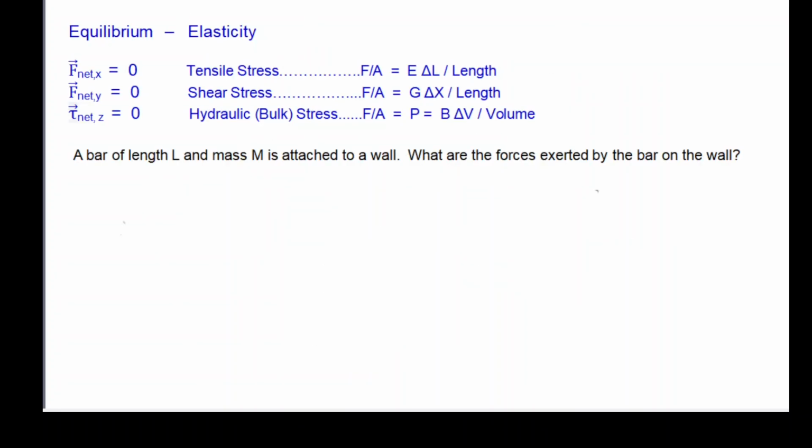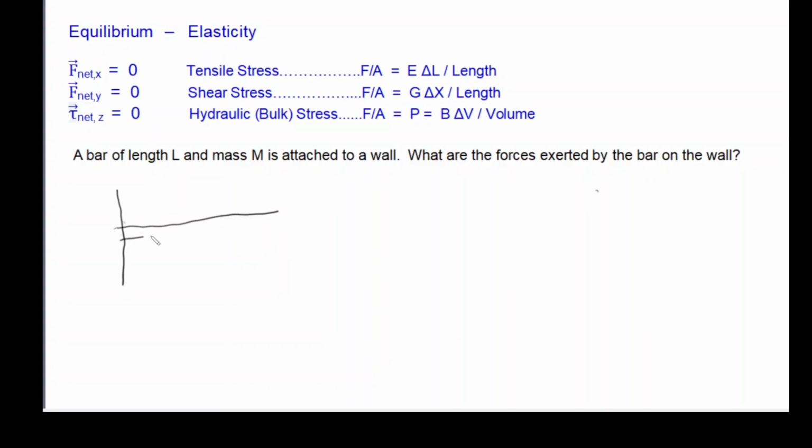Let's do some problems starting with equilibrium. The first one is a bar of length L and mass M attached to a wall. What are the forces exerted by the bar on the wall? So let's do a diagram. Here's our wall.